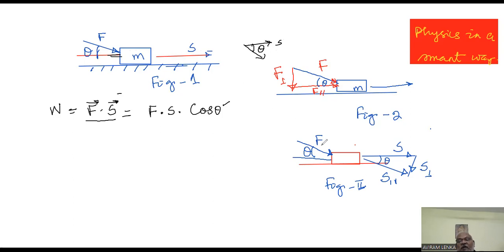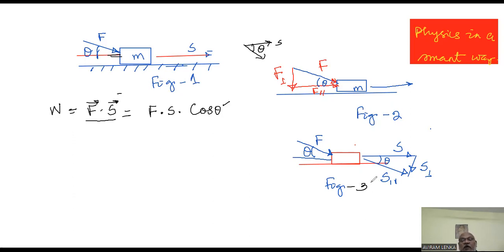That you can see in figure 3. Sorry, in figure 3, I have written it in a slightly different way. Let me correct it. That should be figure 3.